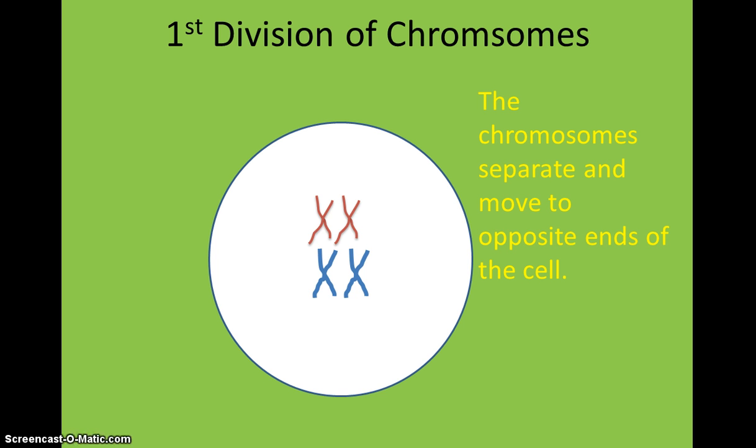So the process of meiosis basically goes through 2 different phases of division, what we would call meiosis 1 and meiosis 2. I'm not going to go through each individual thing that happens. I'm only going to focus on the chromosomes. In the first division, the chromosomes separate and move to opposite ends of the cell.